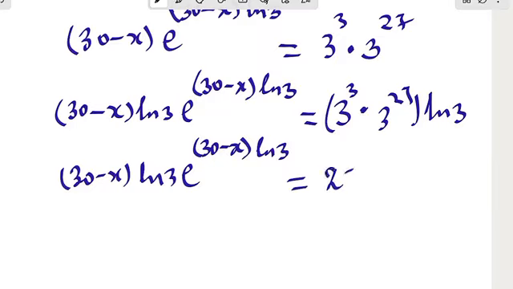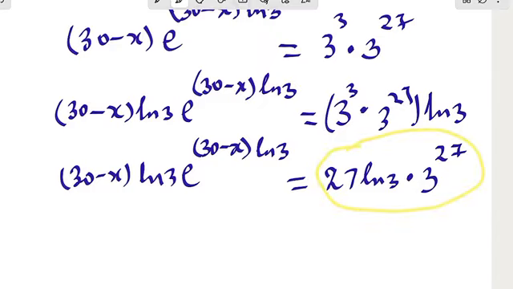We're going to have 27 multiplying the ln of 3 here, so we're going to have ln of 3, then multiply by 3 to the power of 27. So from here, at the right hand side, I would also like to introduce e, so that I want the two sides to be the same, so that we'll be able to apply the Lambert W function.